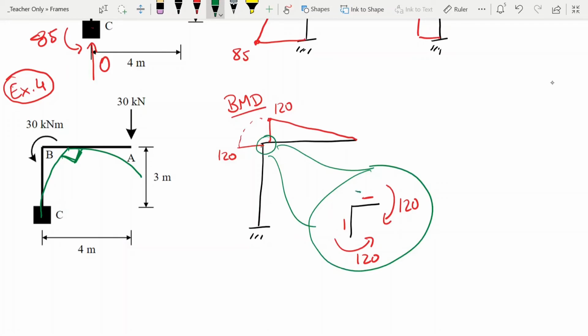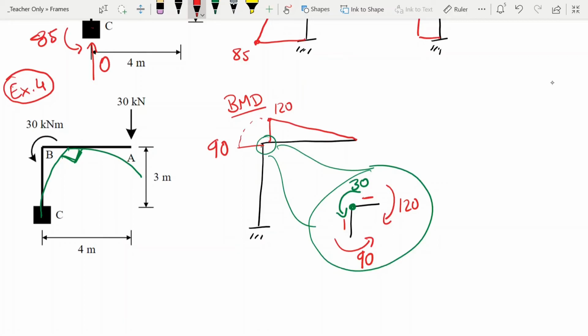But now in the node itself, we have a moment of 30, which then means now this is not in equilibrium. So if we have 120 coming from this side and 30, that means this moment here is not 120, should be 90, okay? So we can get rid of this 120 and substitute it with a 90, okay?